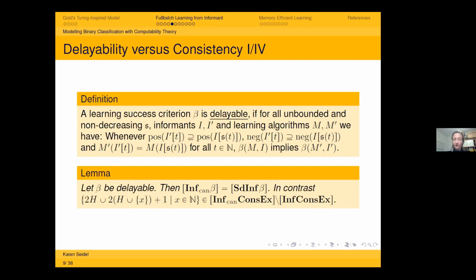On the other hand, for consistency, we also observed that it is not the case. So there is a language class that I wrote down here. Capital H is the halting problem, that is learnable from canonical presentation, but is not learnable in general from every adversarial presentation.